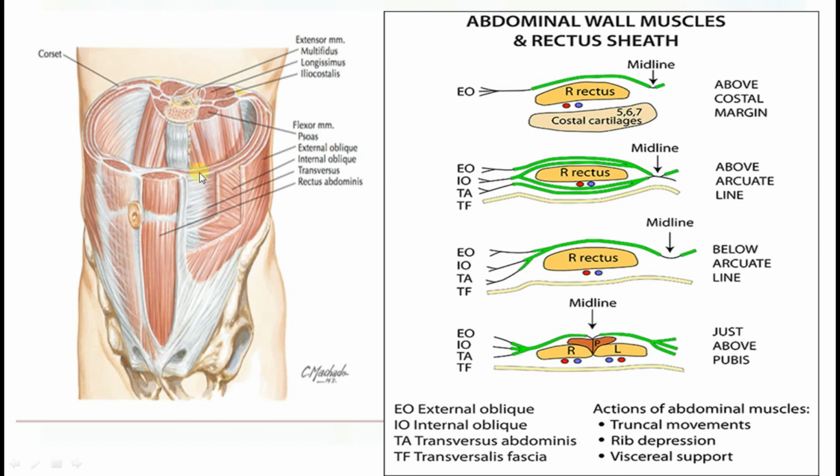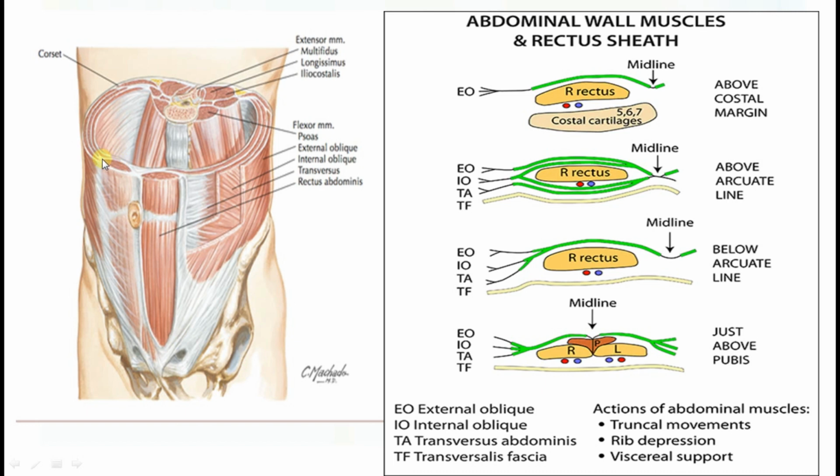This section you are able to see, and naturally slightly above the umbilicus, which means definitely it is above the arcuate line. So the typical rectus sheath you are able to see here. The internal oblique aponeurosis is splitting into an anterior lamella and a posterior lamella. So the anterior wall will be formed by the aponeurosis of external oblique and the anterior lamella of the internal oblique.